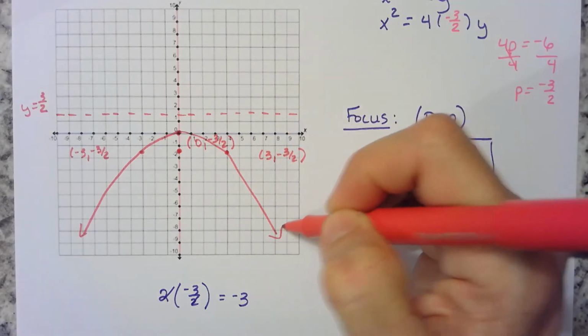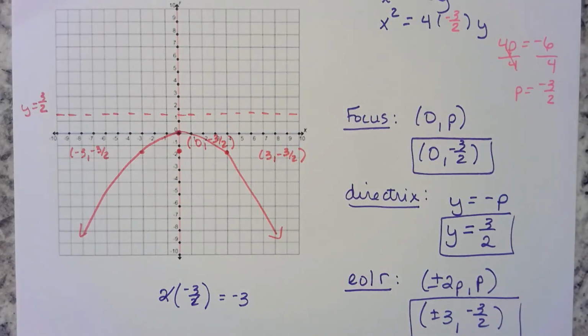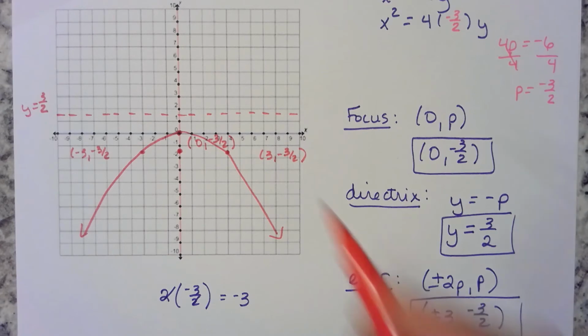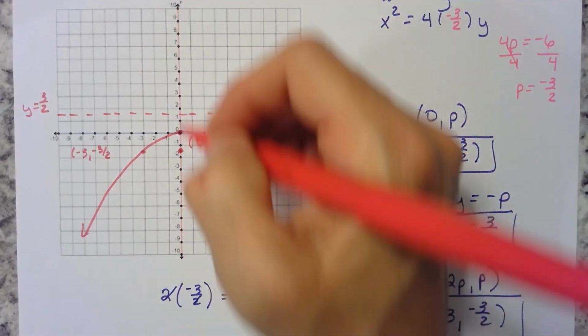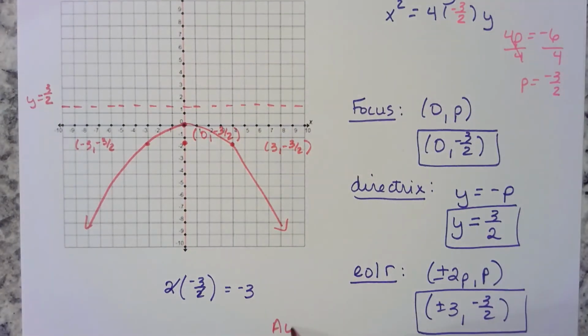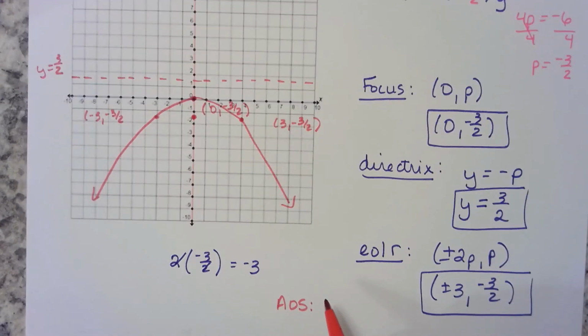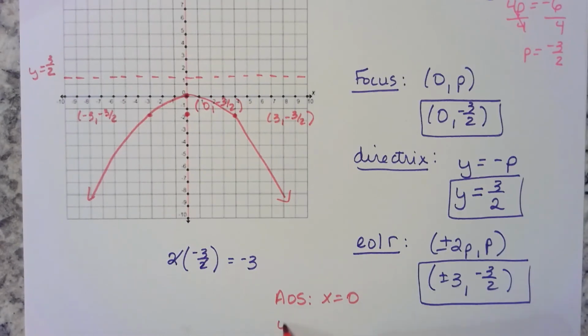I always put numbers right where I need to draw. And there we go. Our axis of symmetry is the y-axis. So if you're asked for it, the axis of symmetry is the line x equals 0. And the vertex is the origin.